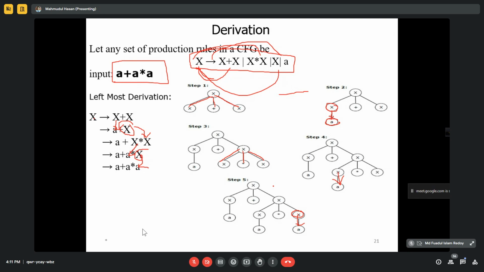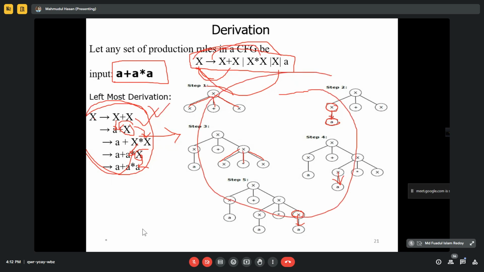If you want to draw a parse tree, it is very easy if you write the derivation first. In the exam, sometimes the teacher needs the derivation as well as the parse tree. That time you need to write the derivation first, then the parse tree.